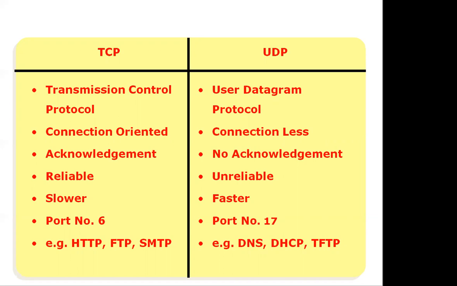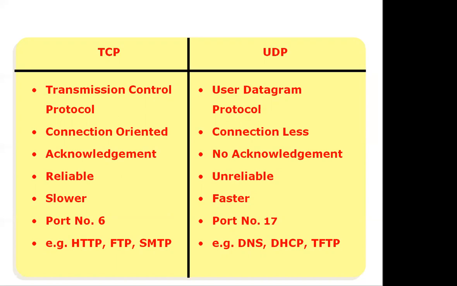Maybe you have learned these things in your academics, like what is TCP and what is UDP. TCP is Transmission Control Protocol and UDP is User Datagram Protocol. The difference between both is TCP is connection oriented and UDP is connectionless.